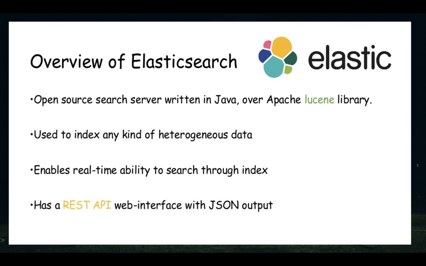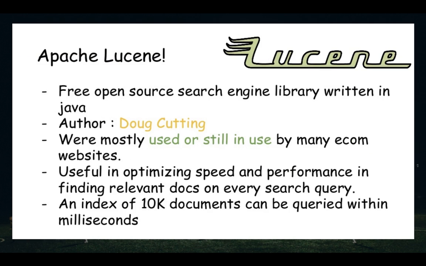Elasticsearch is an open source server written in Java over the Apache Lucene library, used to index any kind of heterogeneous data, enables real-time ability to search through the index, and has a REST API web interface with JSON output.